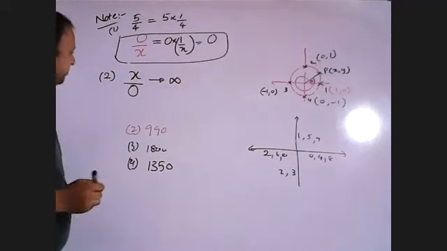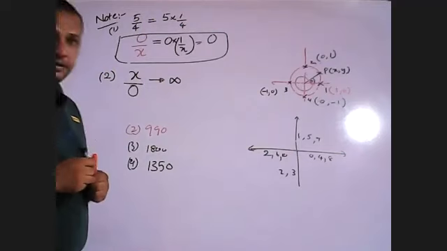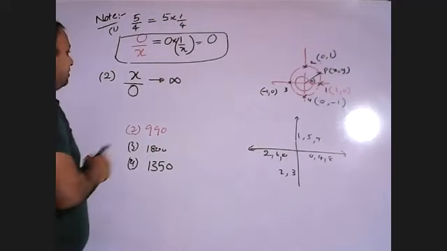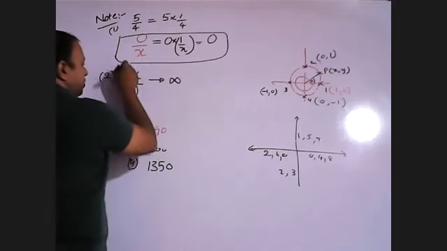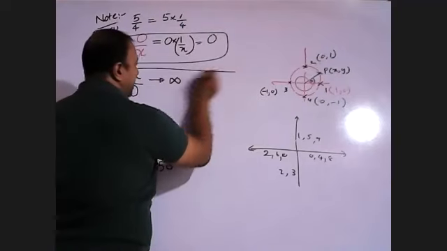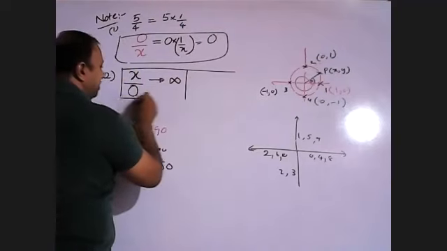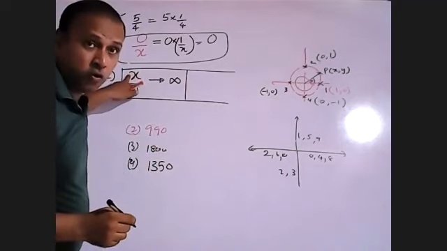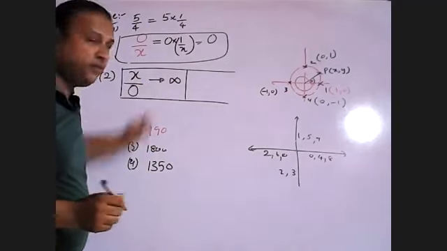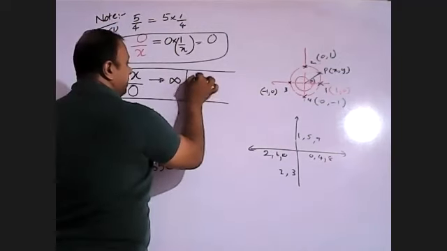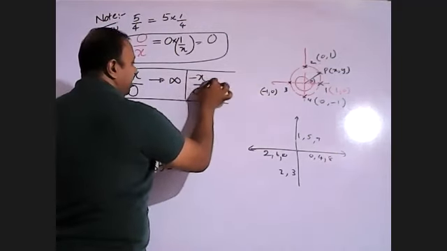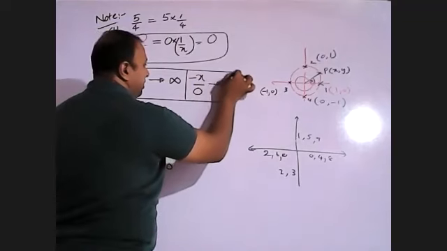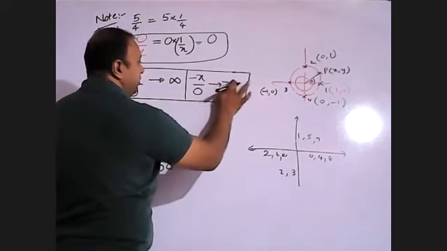Actually, there are two types. If the number is positive, it goes to positive infinity. If the number is negative, it goes to negative infinity.